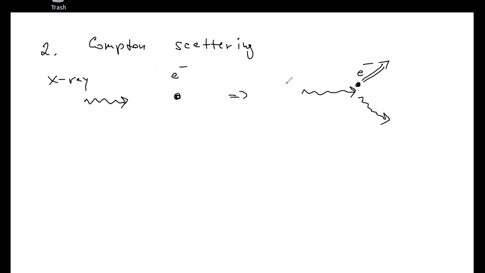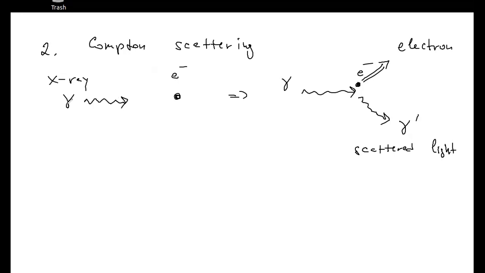So if this was the initial gamma light, then you have a gamma prime scattered light, X-ray radiation, and you have the recoil electron. Yeah? What's so interesting about Compton scattering?